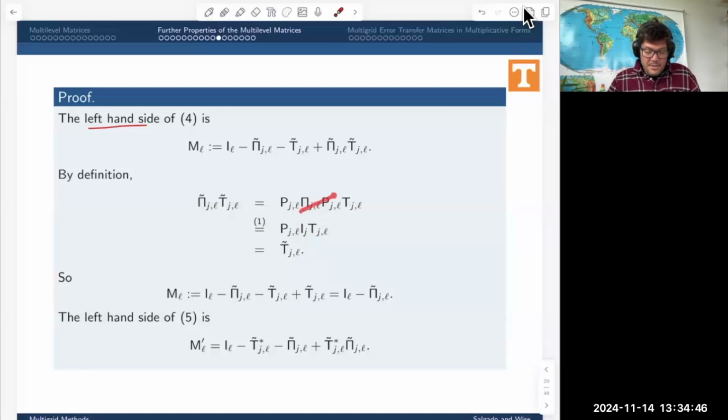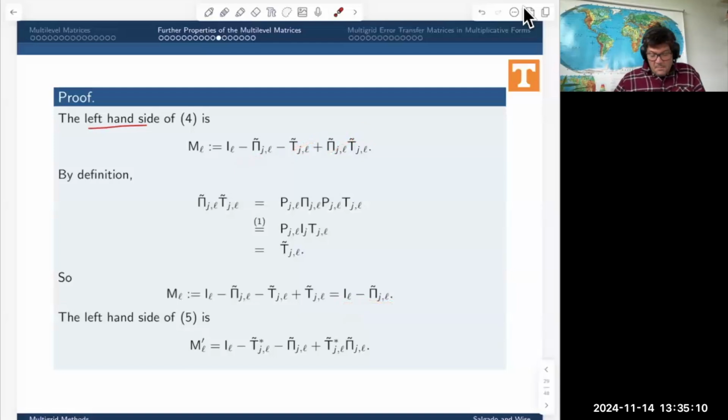Now, this collapses, and we just get P_J^L times T_J^L, and so this is just T_J^L tilde. So that guy is just T_J^L tilde, and it cancels with that. So clearly, M_L is equal to just these two matrices here, because these two cancel each other. So I'm only left with that.